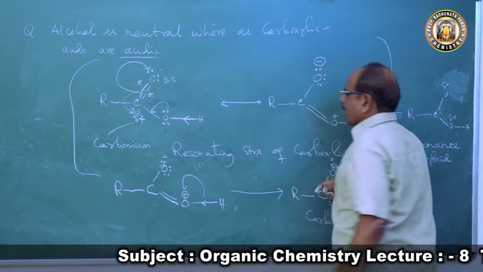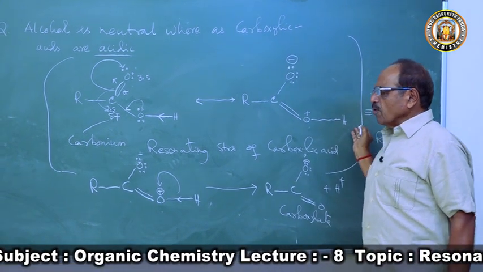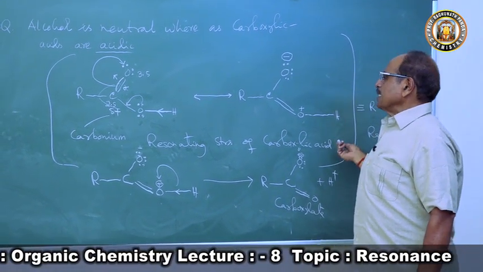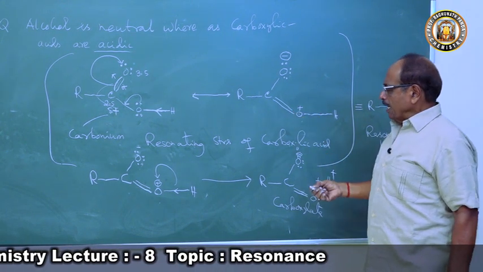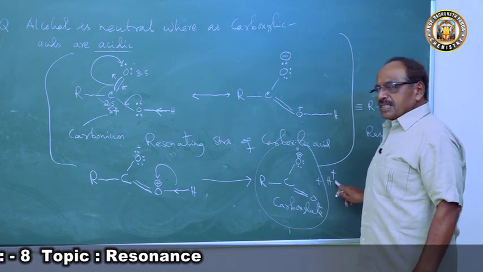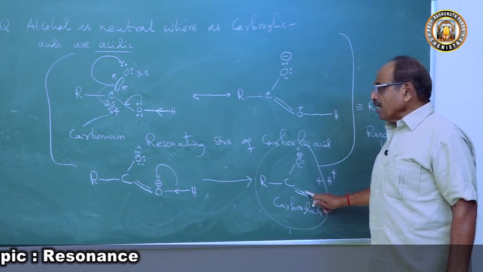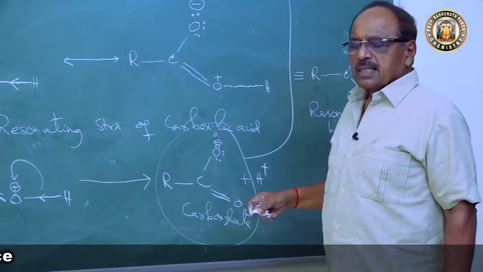That is the reason why carboxylic acid in presence of water has a tendency to lose a proton, to produce carboxylate ion and H plus. So this carboxylate ion has no charge difference.